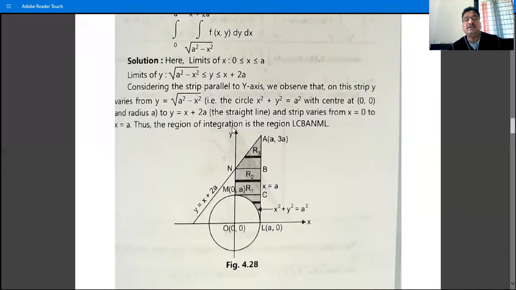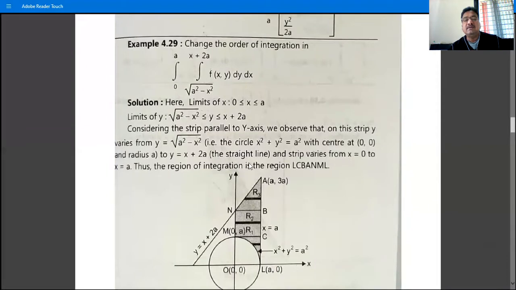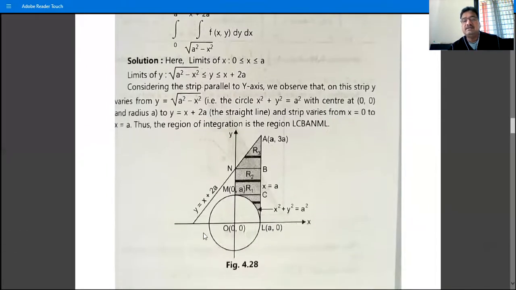Then x is equal to 0 is the equation of the y axis. And x is equal to a, draw the line x is equal to a, and where it cuts the line y is equal to x plus 2a, what is the point of intersection? So this distance is a, so draw the line passing through the point a, tangent to the circle.